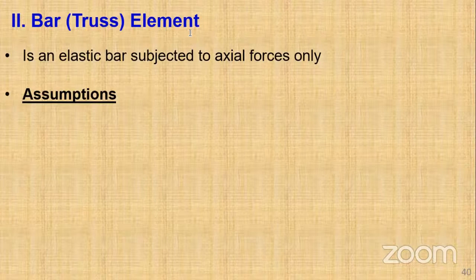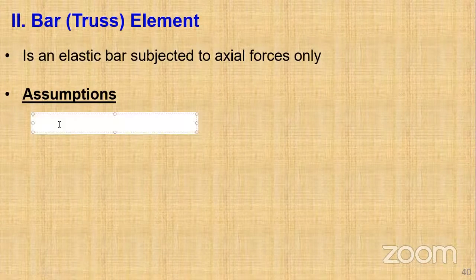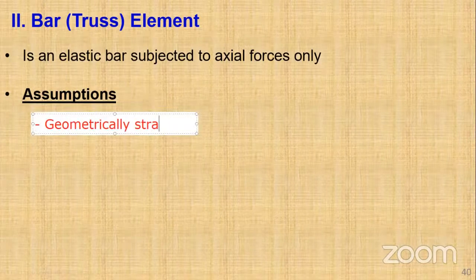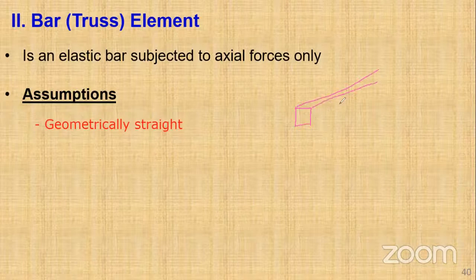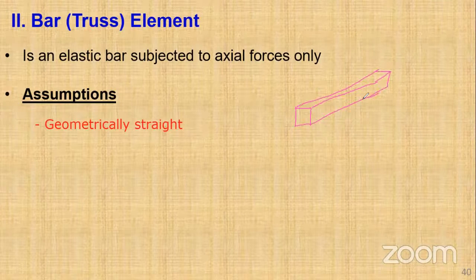So the first assumption is that it's geometrically straight. In essence, what we are saying at this stage is that the cross-section does not change. So it's not tapered. So don't mind my sketching. We are talking of a geometrically straight member.